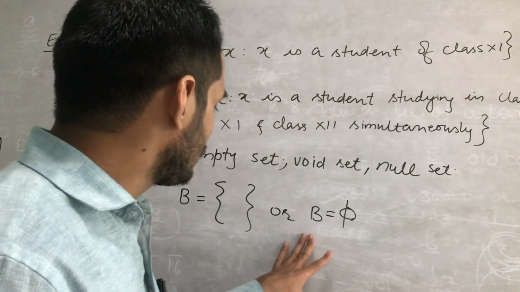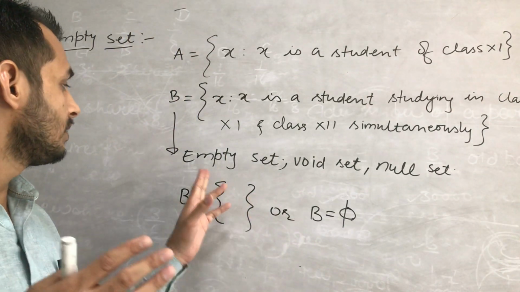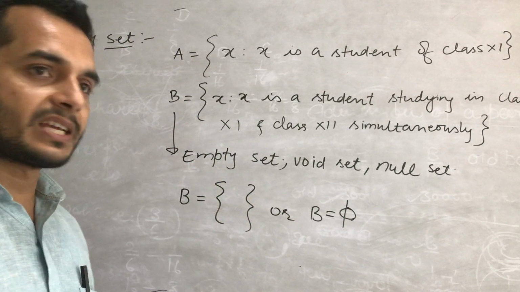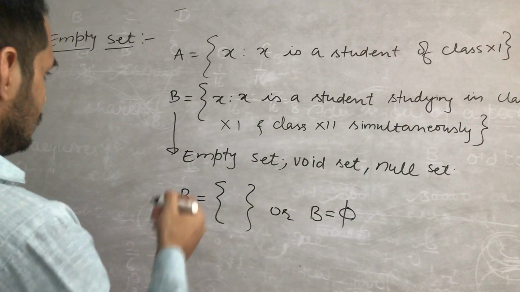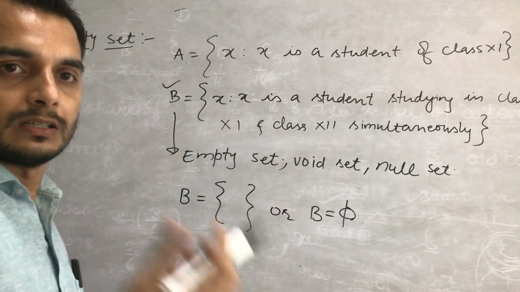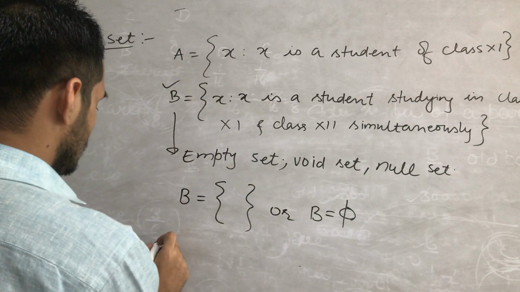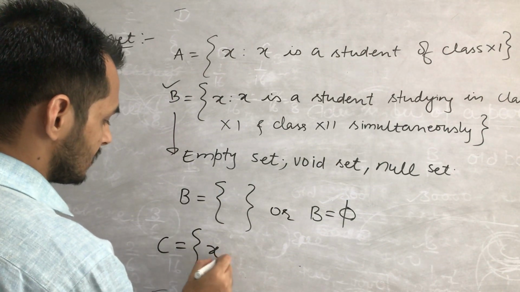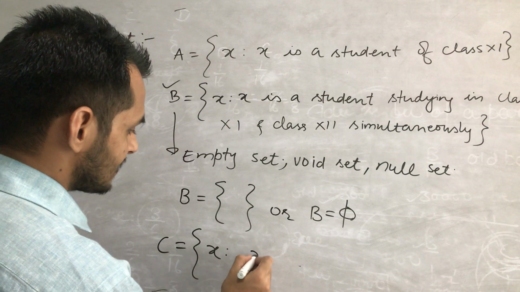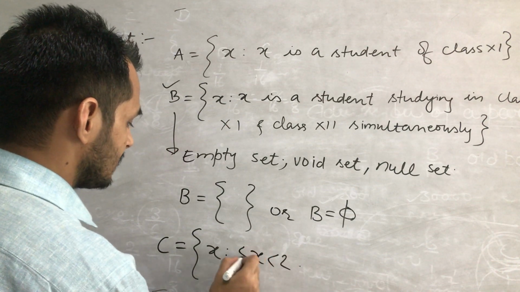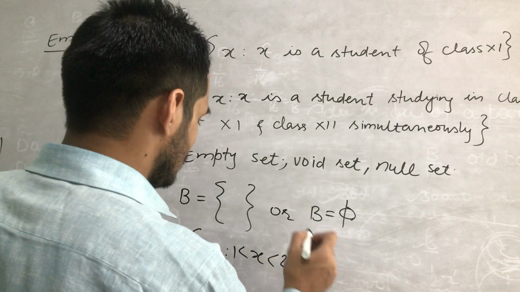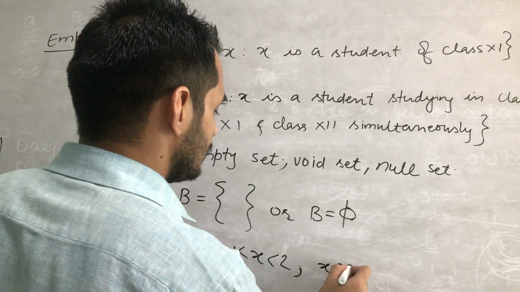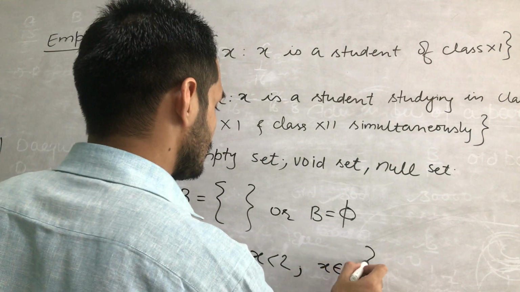So this is the concept of an empty set. Now let's take another example. So the first example was this. Taking another example, if I say C is the set of all x such that x is less than 2 and greater than 1, and x belongs to natural numbers.